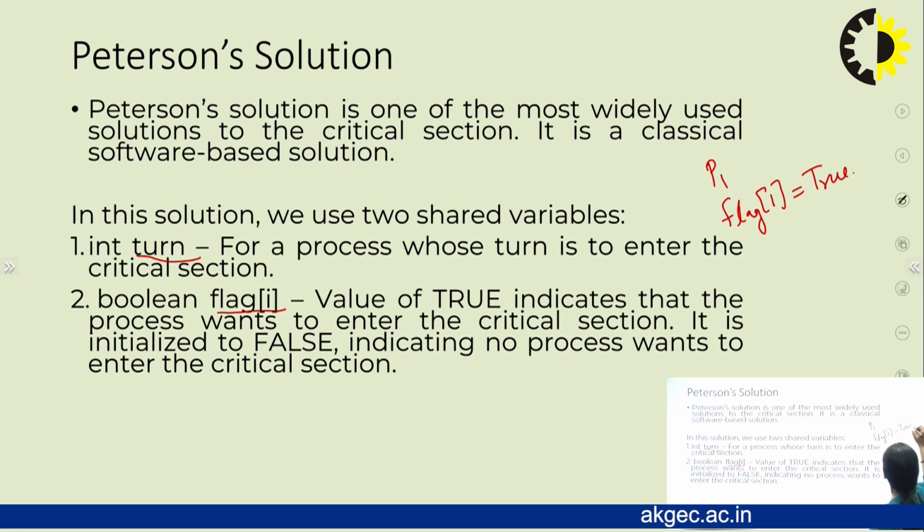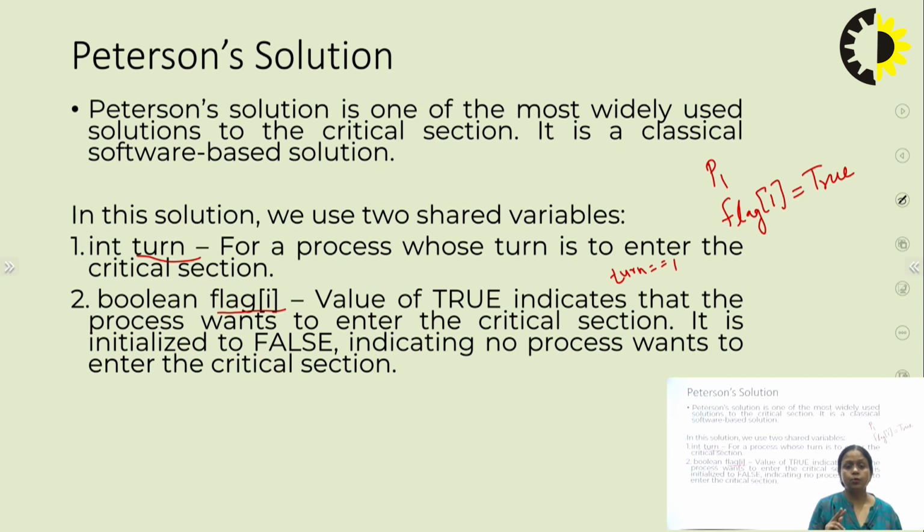It means the particular process P1 wants to enter the critical section. If the value of turn equals 1, it means this time we have given the turn to process 1. So, these are the two main variables in the Peterson solution.